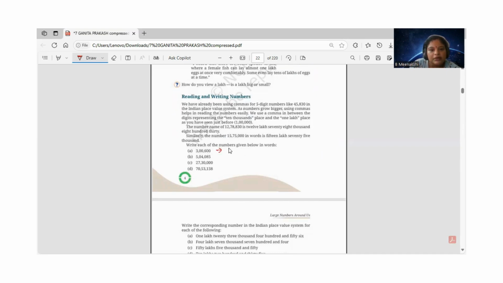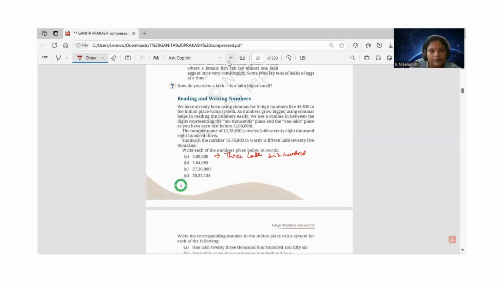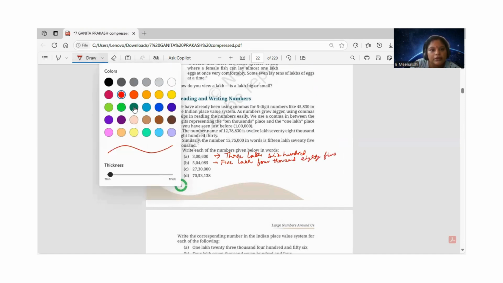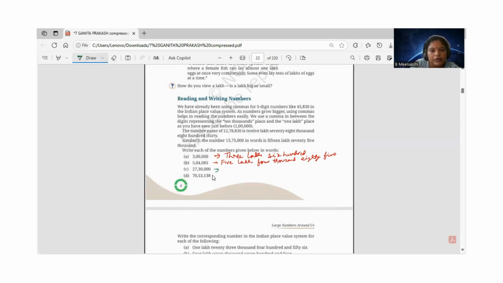So this is 3 lakh 600, right? And how about this? 5 lakh 4,085. And this one, the C part, I'll leave it to you.